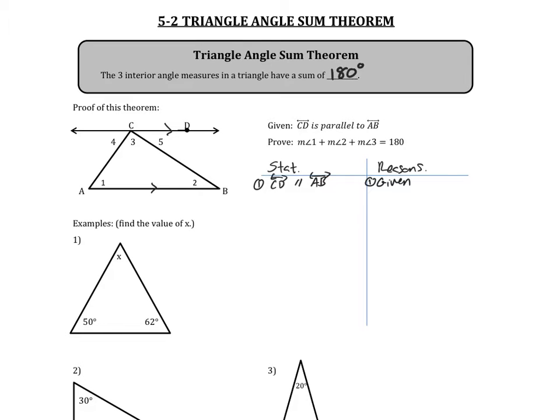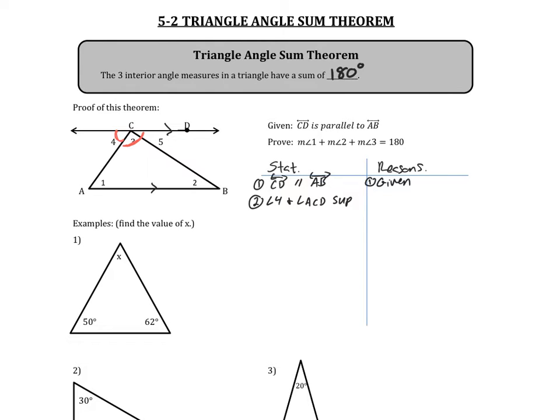Okay, so what can I do with that? Well, because those are parallel, I know that angle 4 and angle ACD are supplemental, right? So I'm going to go ahead and mark those on here. Angle 4 and angle ACD, this angle right here, they're supplemental.